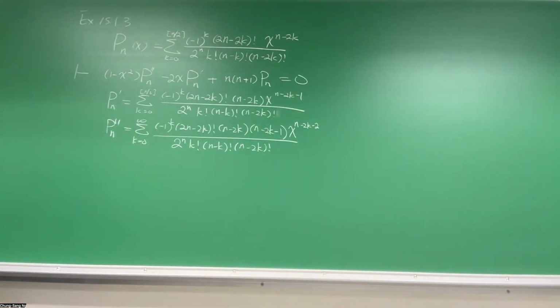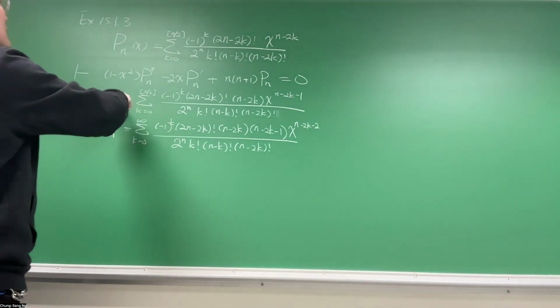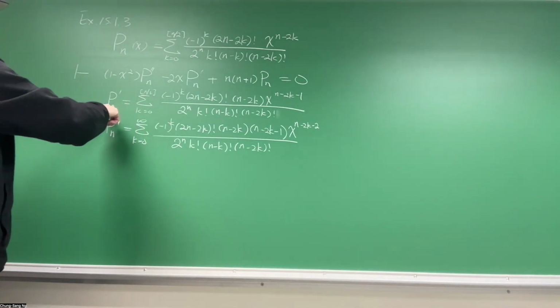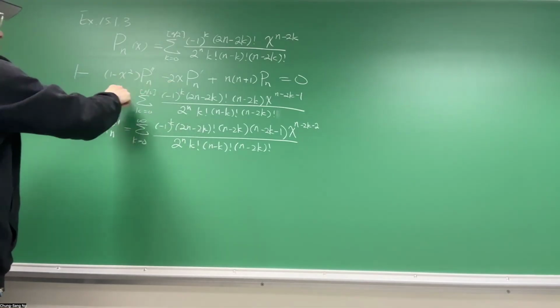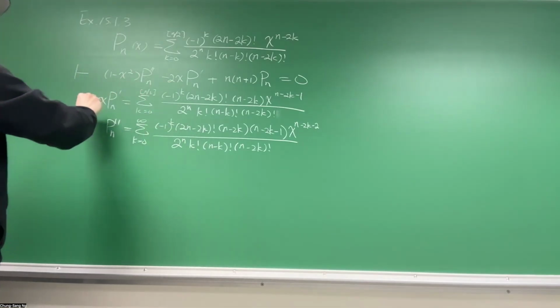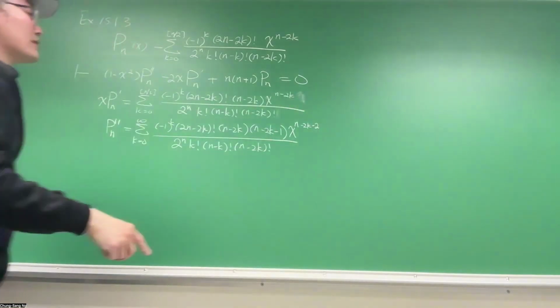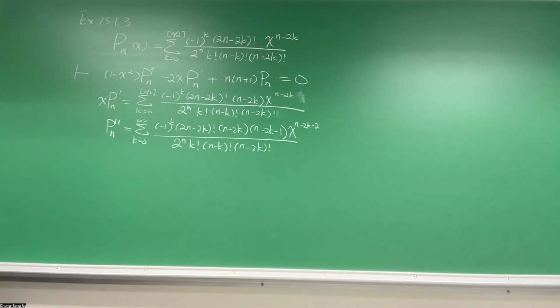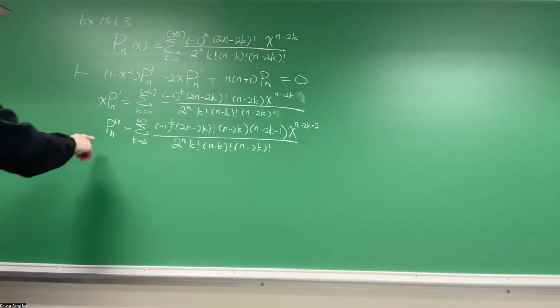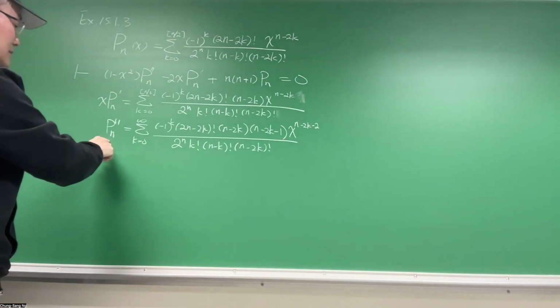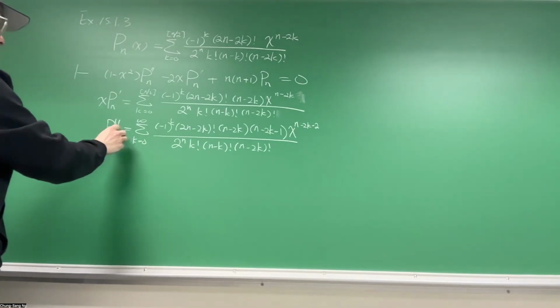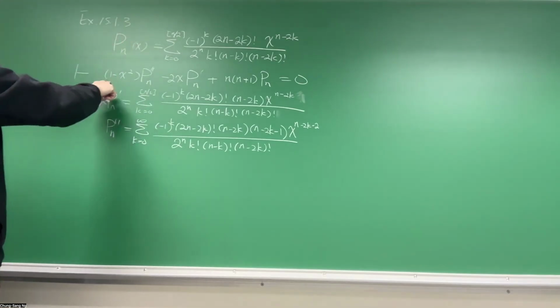Okay, and now you need this P_n prime in this term, which is multiplied by x. When you multiply by x, you just cancel with this one. So that is nice. And for this one, you need to copy another line because you have two of these, this one and that one.